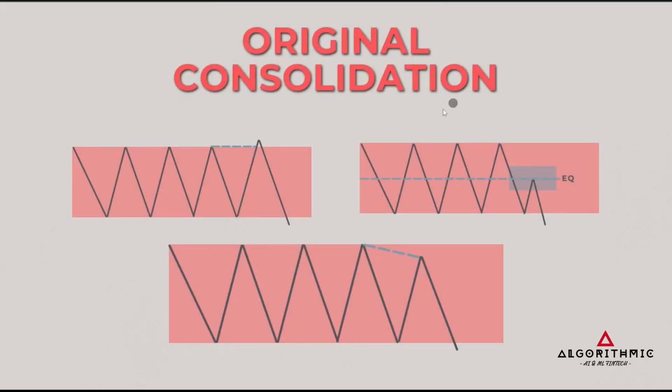Nevertheless, we initially talked about the original consolidation, right? It's the first phase we need to identify and look for, but there are different types of original consolidation. The first one could be this one. We have a range. Now, simply, the original consolidation needs to be ranging, right? But it could be in different types and different shapes.